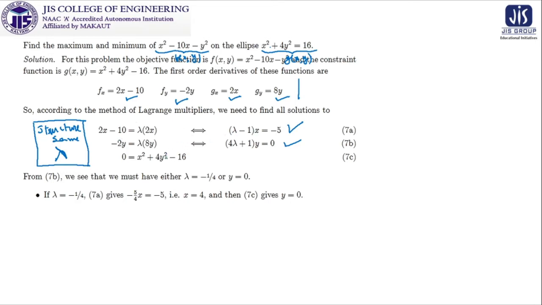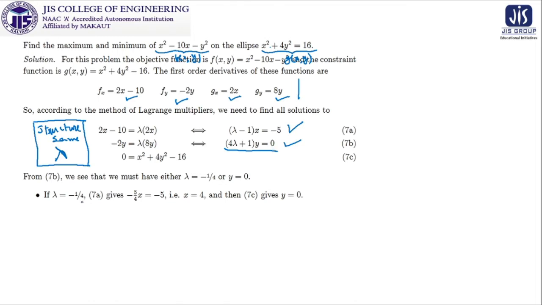It is just taking x on one side and keeping the remaining on the other side. And if we make g(x,y) equal to 0, so g(x,y) equal to 0 means x square plus 4y square is equal to 16. That means it is already given. Now from 7b, this equation, we see that we must have either lambda equal to minus 1 by 4 or y equal to 0, otherwise their product will not be 0.